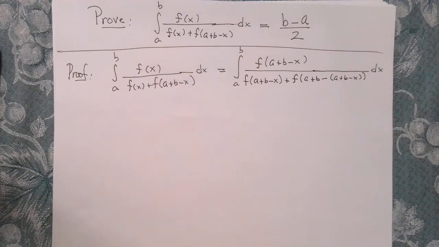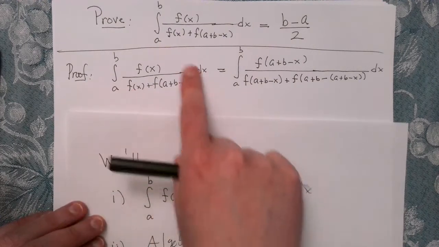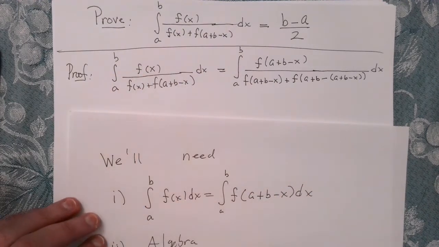And that's a really clever, neat application of the first property. You just have to realize that I can think about this entire object as some function g of x and then apply this.